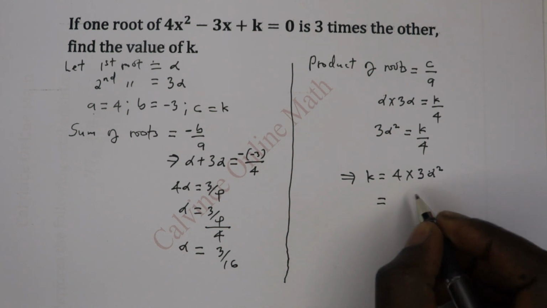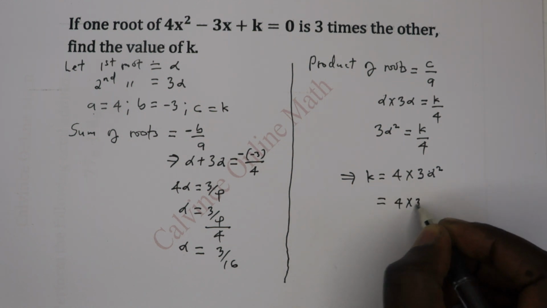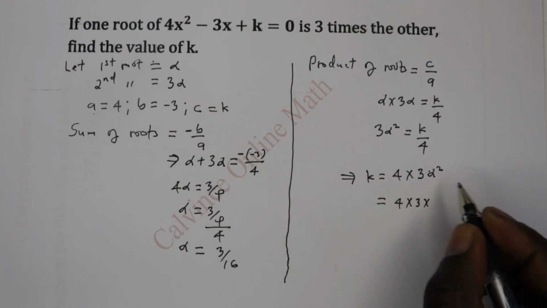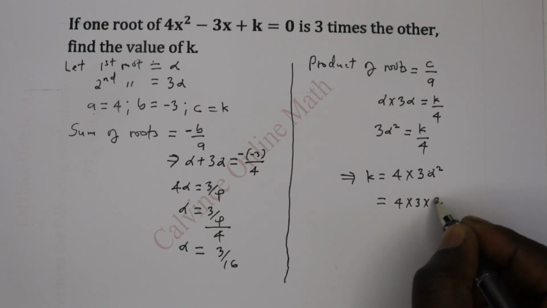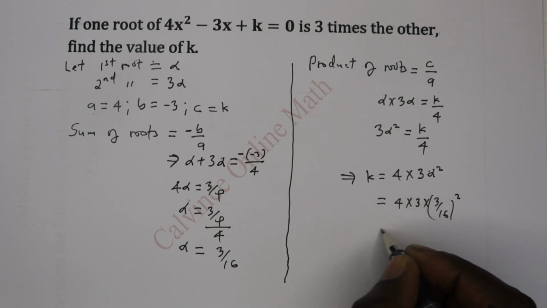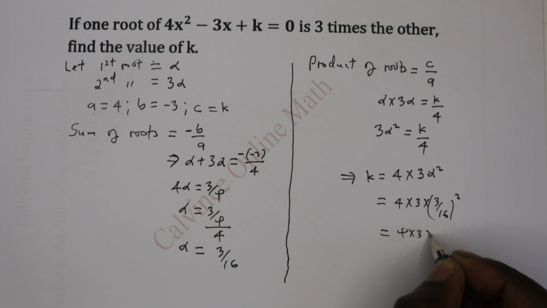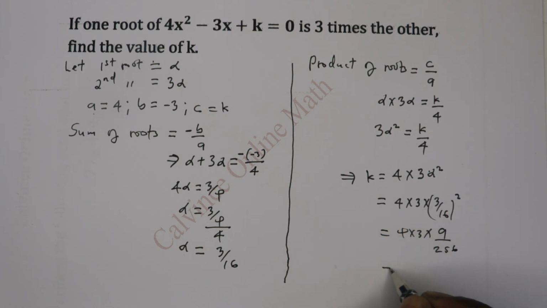So it therefore means that k will be 4 times 3 times alpha squared, that is 3 over 16 squared. That is 4 times 3 times 9 over 256. If you work this out, you're going to get 27 over 64 as the value of k.